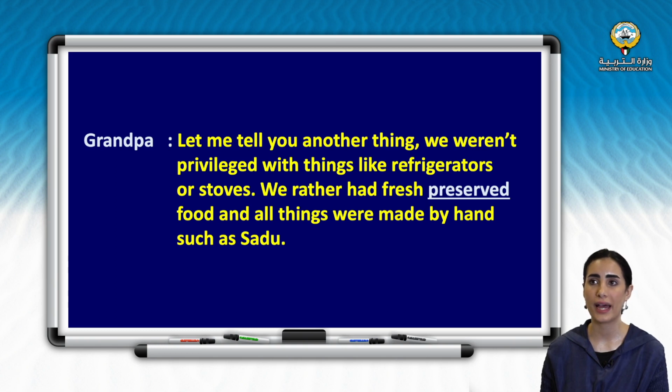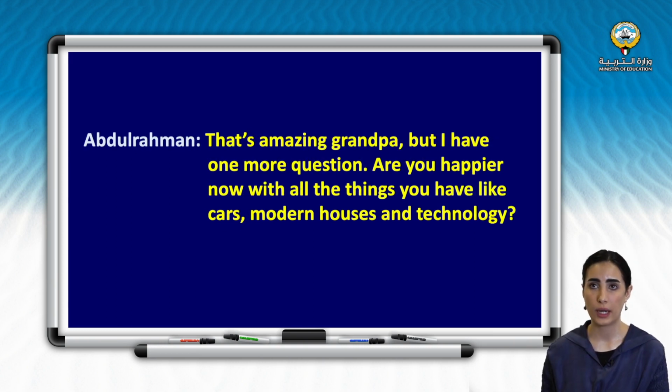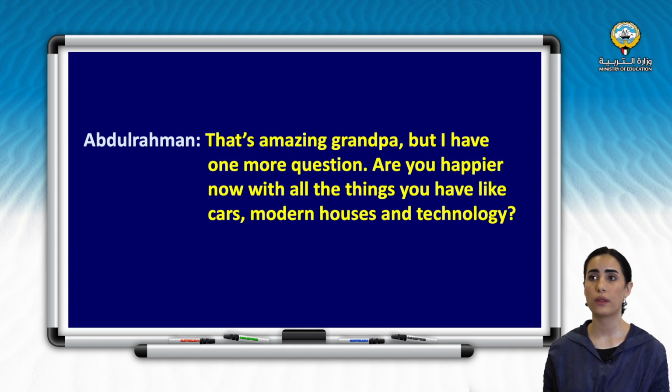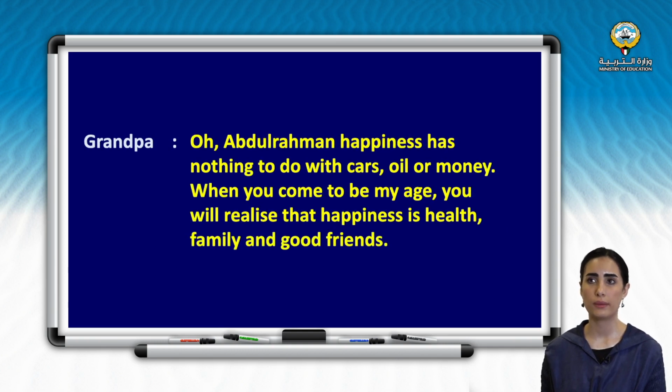We rather had fresh, preserved food, and all things were made by hand, such as sedu. Abdurrahman: That's amazing, Grandpa. But I have one more question. Are you happier now with all the things that you have, like cars, modern houses, and technology? Grandpa: Oh, Abdurrahman, happiness has nothing to do with cars, oil, or money.